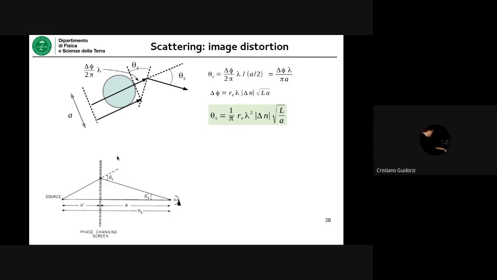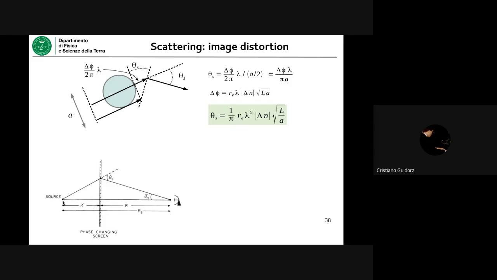If this is not the case, and this is the meaning of the figure below, let's consider that here is the observer and here is the source. You immediately see that here is the screen, characterized by variations in the plasma density, and so responsible for this variable refractive process.